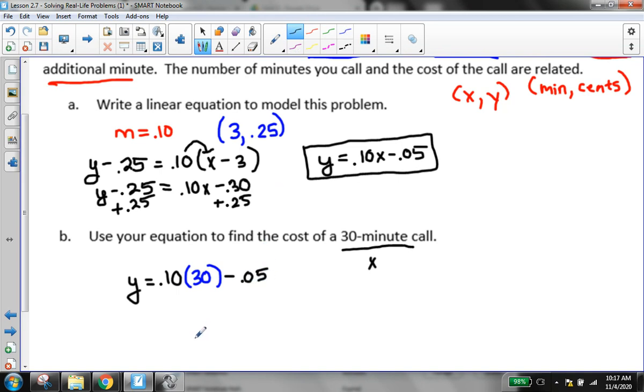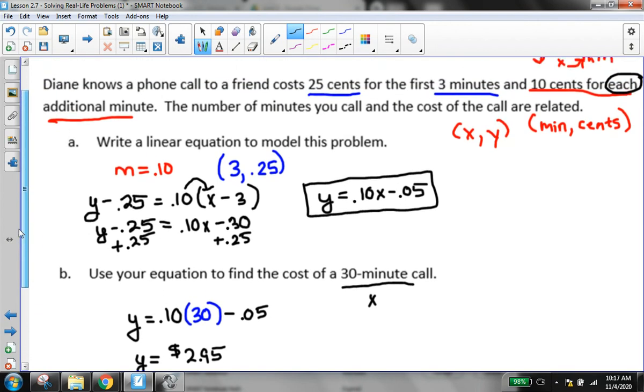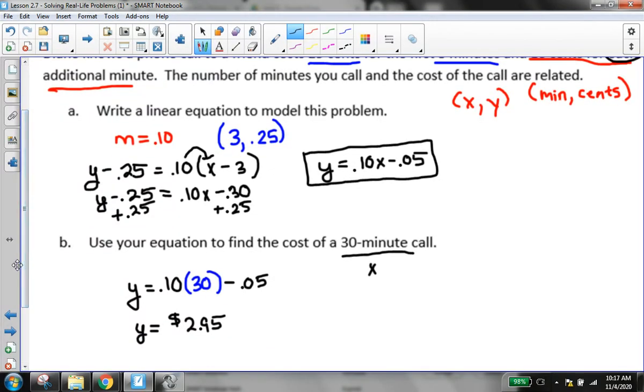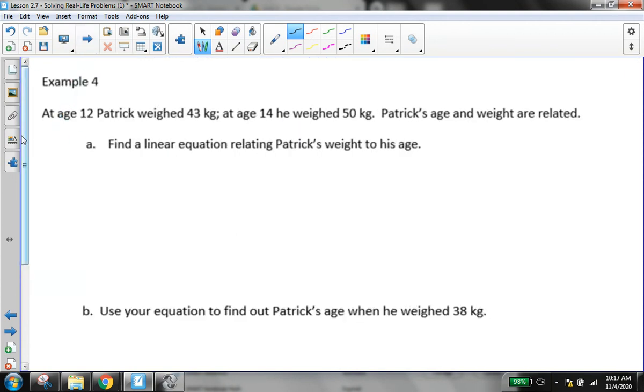And when I plug that into my calculator, I'm going to get $2.95. So the cost of a 30-minute phone call, according to this plan, is $2.95.